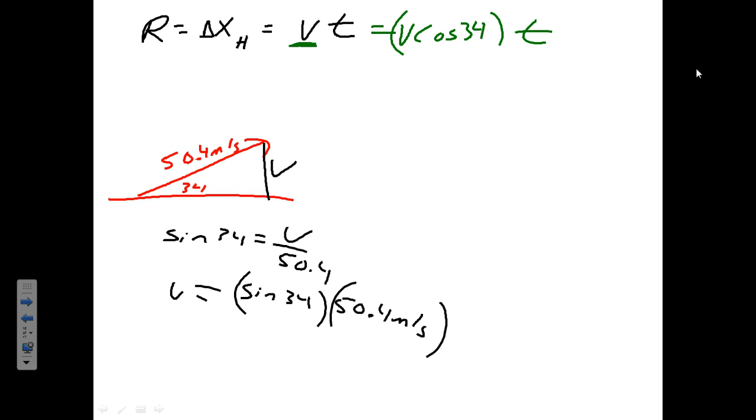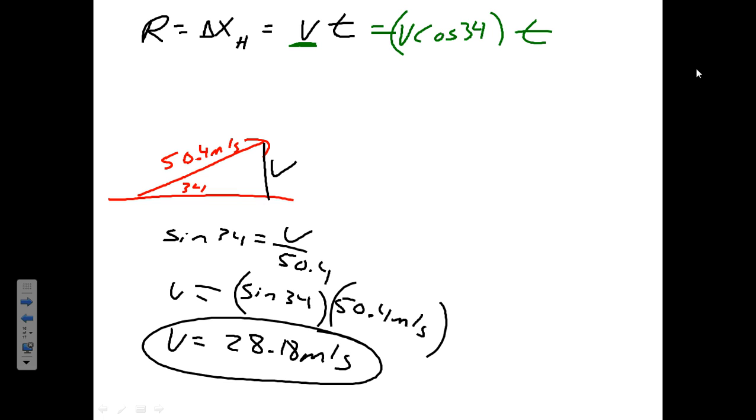So if we do that, 28.18. That's our initial vertical velocity, right? From here on out, we're trying to find a max height here. That's the initial vertical velocity.